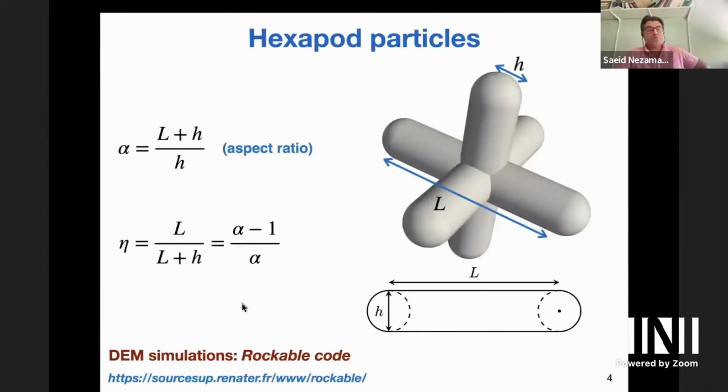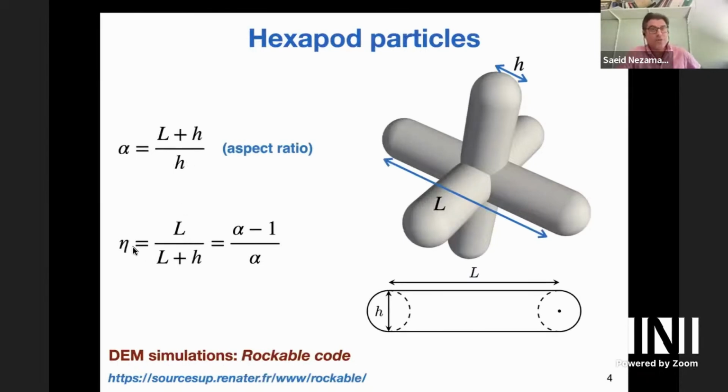Our DEM simulations were performed using a homemade code, like in Farhang's presentation yesterday. The hexapod particles are defined as three mutually orthogonal cylinders with spherical caps. The shape of the hexapod is defined by its aspect ratio, alpha, the ratio of the length of each lobe to its thickness.